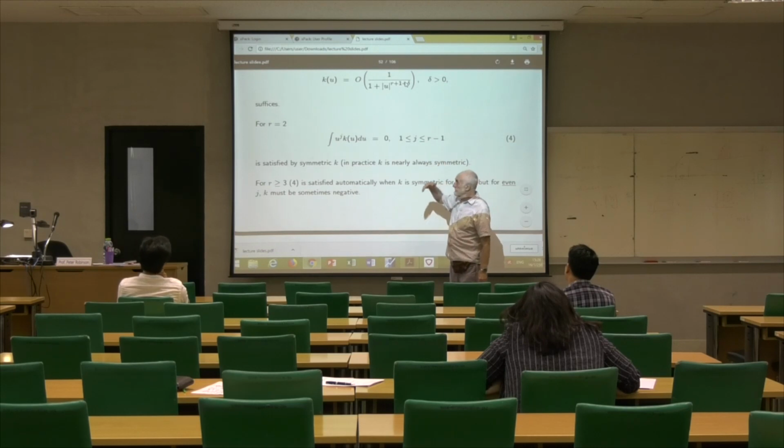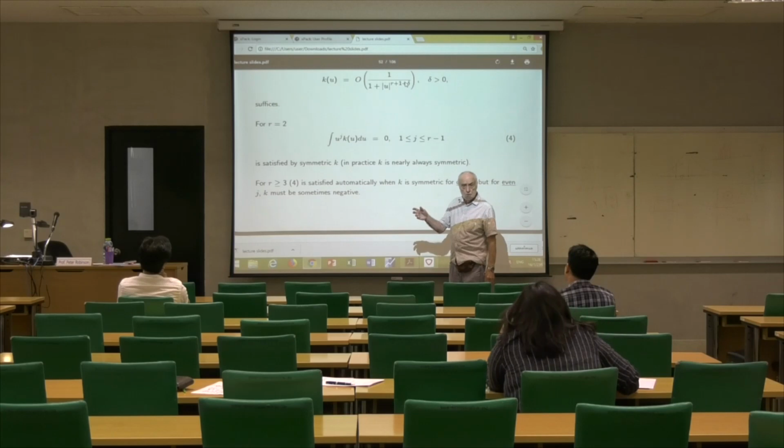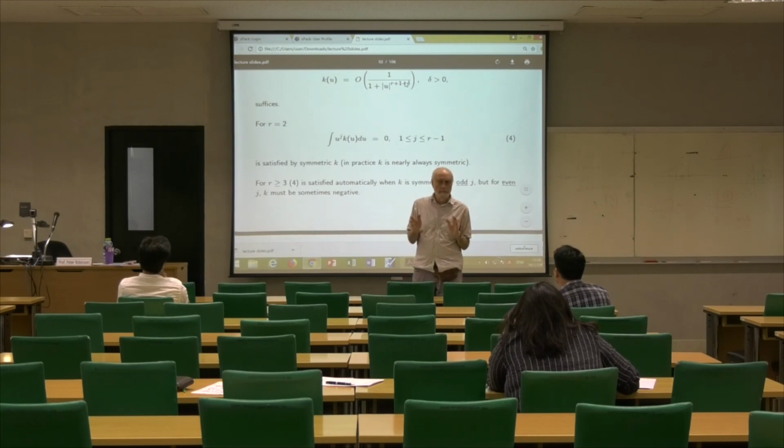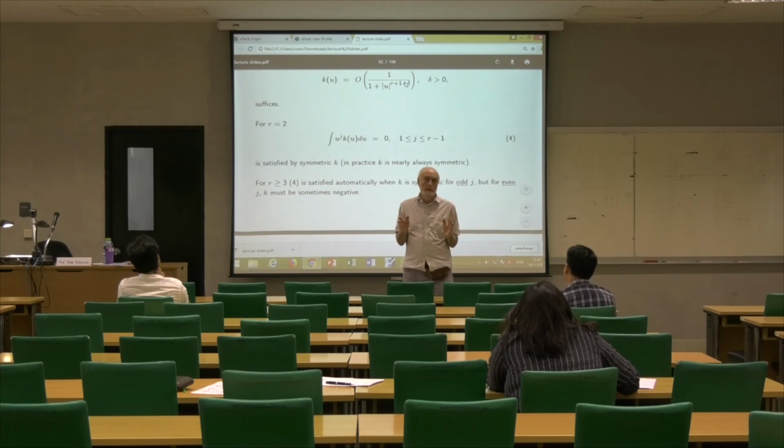And if k is a symmetric function, so k of u equals k of minus u, and although there may be some reasons, sometimes people discuss kernels that are not symmetric, that's very rarely the case, and we're not going to talk about that. Usually kernels are symmetric, like the examples I gave are all symmetric.